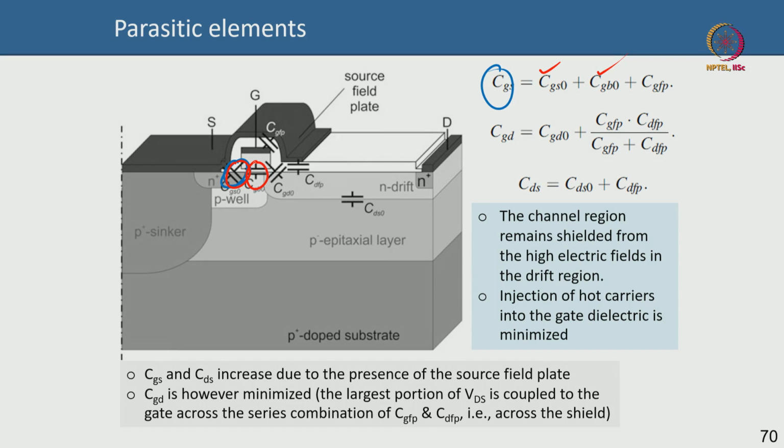There is an inversion channel that forms, the classic MOS cap. So, there is a coupling there, and these are in parallel, so they are adding A plus B in a way, okay. And the third is CGFP. What is that? This is the source field plate that is going around this. So, the gate metal to the source field metal has a capacitance here, and these are all parallel, that is why this is the total gate to source capacitance.